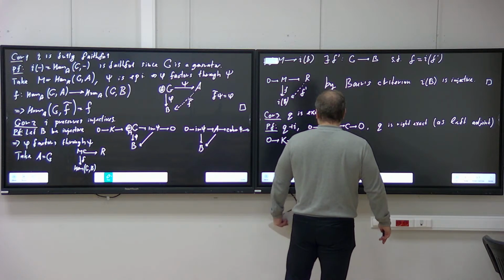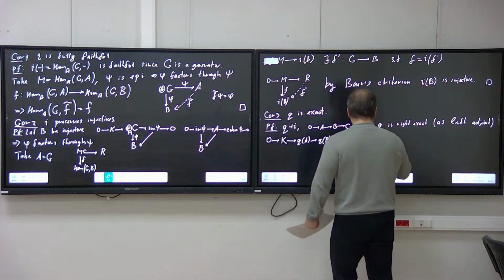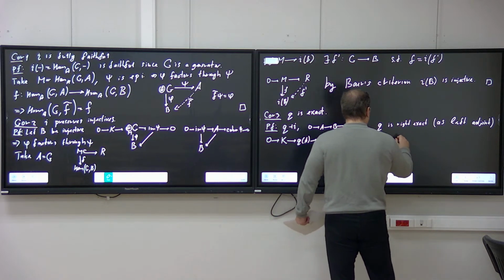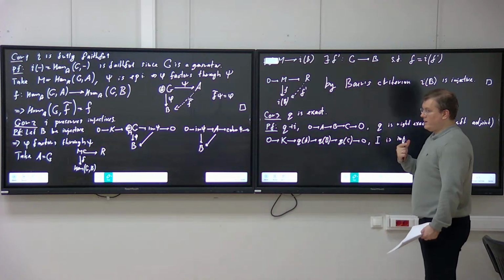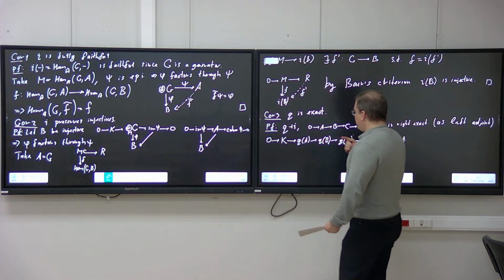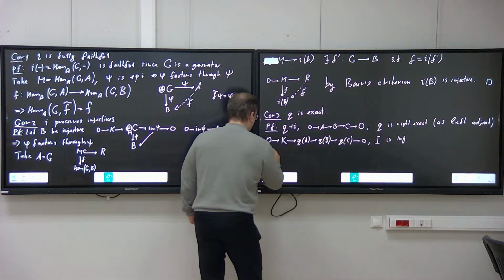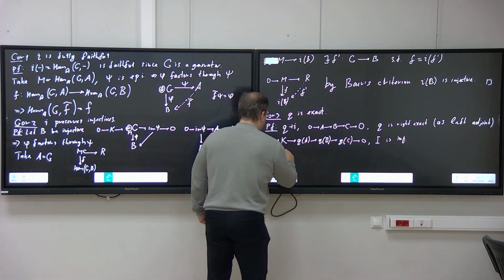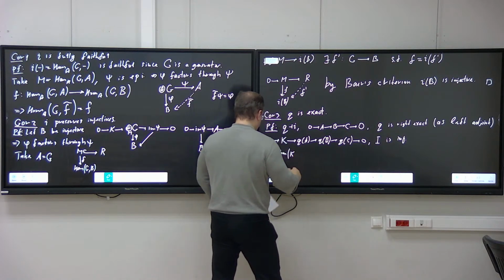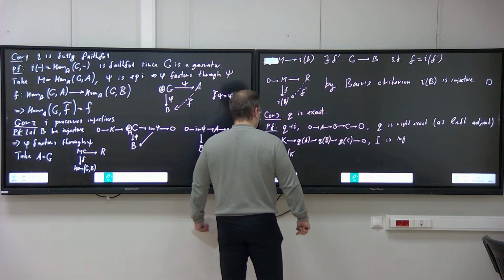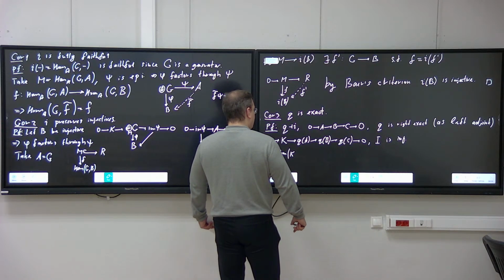Now, if I take any injective object, so say I is injective, since the Hom into I is an exact functor, I can write that I have a 4-term sequence with the Homs. So I take a functor into the I, right? So it's a contravariant functor.